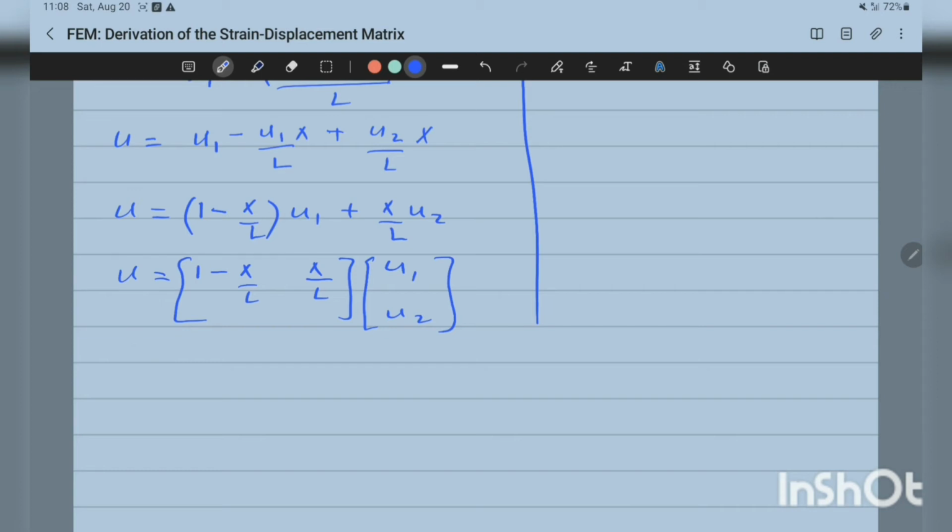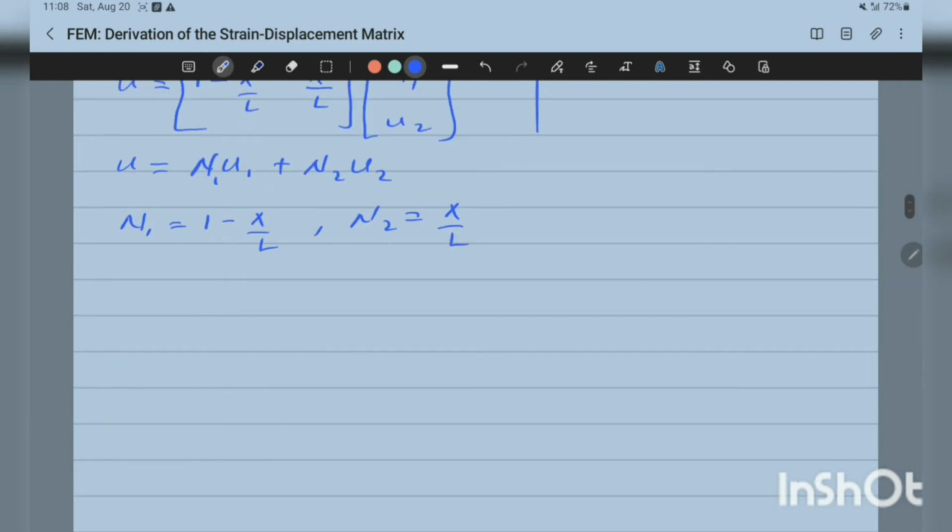So we can also say this is N1 u1 plus N2 u2, where N1 is the shape function for node 1, which is given by 1 minus x over L, and N2 is the shape function, or the interpolation function, for node 2, which is given by x over L. So these are the shape functions or interpolation functions for this bar element with the two nodes.